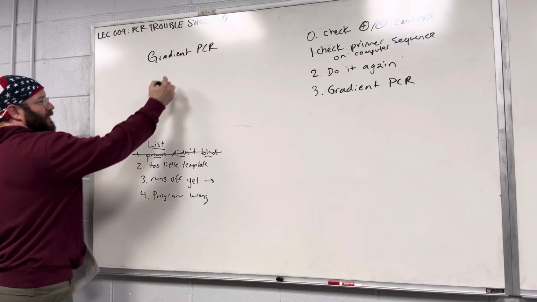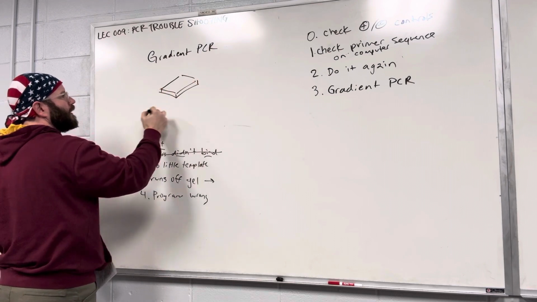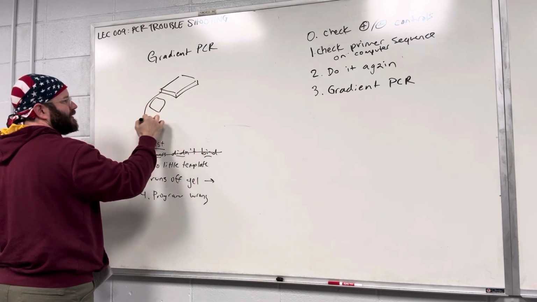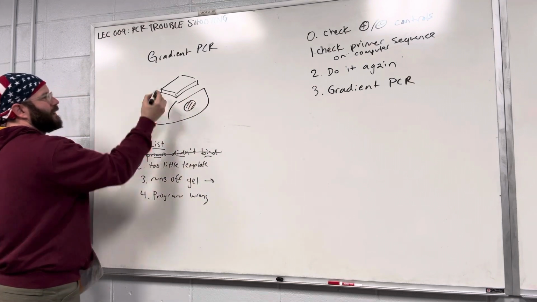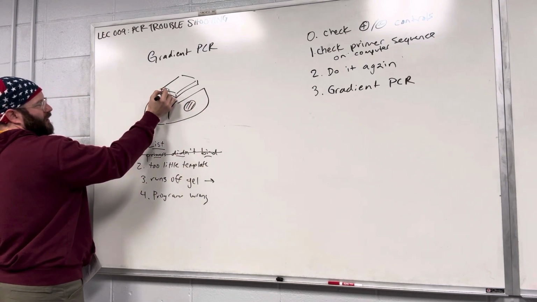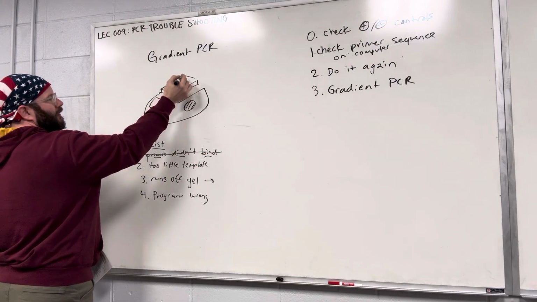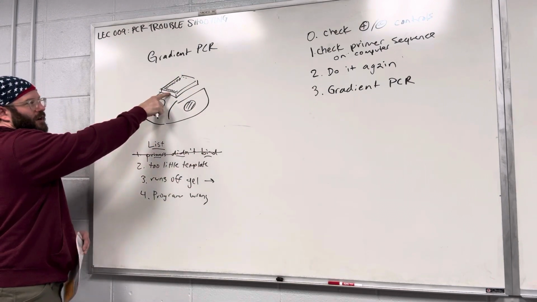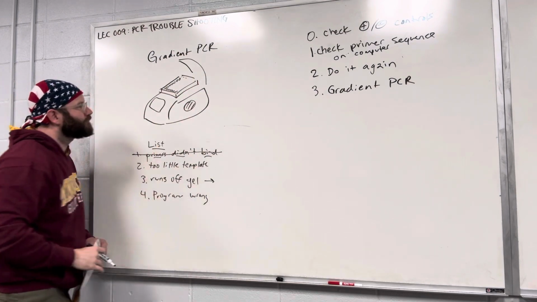Okay, so gradient PCR, you have a thermocycler. Thermocycler kind of looks like this. Okay, and this is the heat block where you put your tubes. Okay, and this is what cycles the temperature. Okay, and then there's a lid.